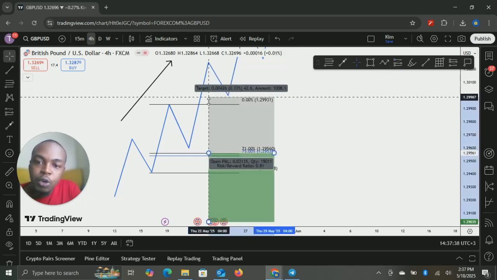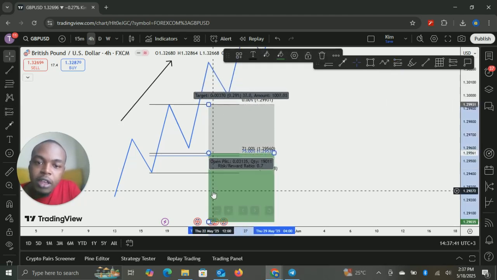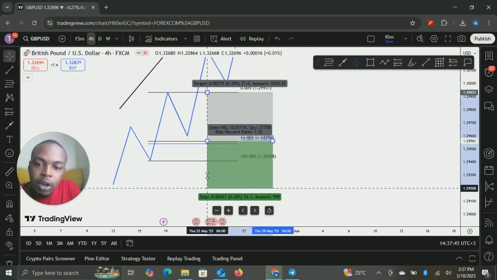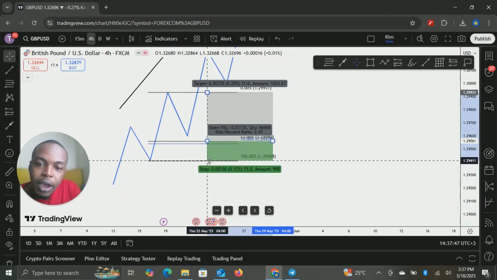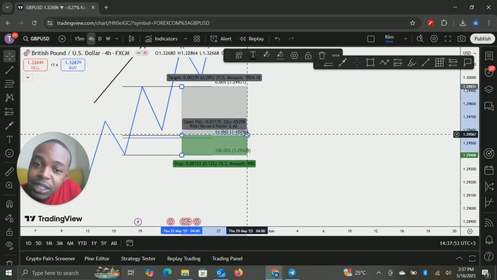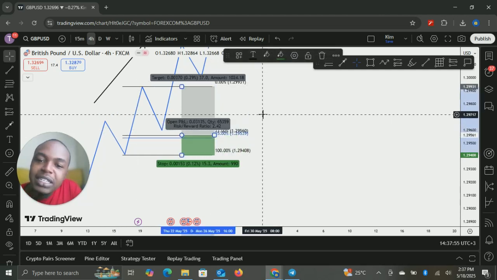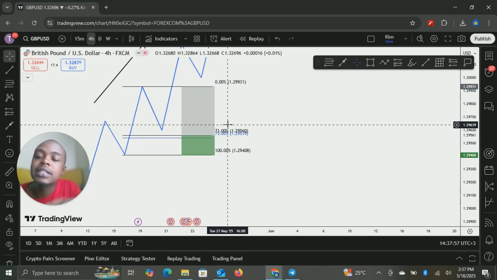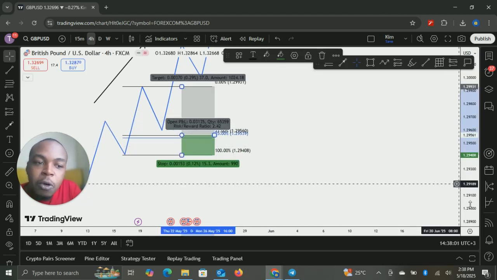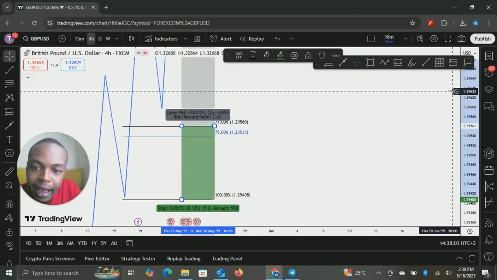The risk to reward ratio. Let me show you. When you get into the trade, you enter at the 71% of that region. Remember, you don't just enter at the 71%. You enter at 71% plus other confluences that I've been sharing with you. You will get a 2.5 RR.